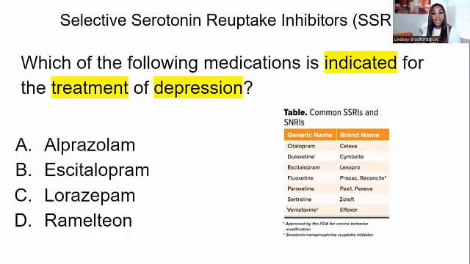It says, which of the following is indicated for the treatment of depression? When you think about treatment, it is something that is used to make something better, right? The root word of treatment is treat. Think about giving a treat to a dog, or to a kid, or to yourself, like saying, I'm going to treat you to lunch.